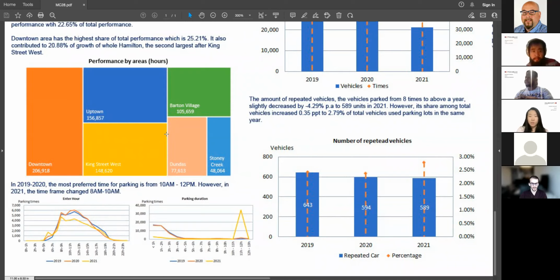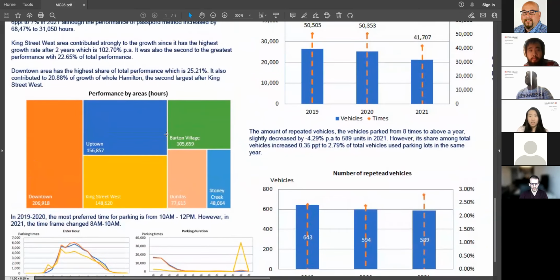First, we can notice that the orange and the yellow parts show the downtown and the King Street West areas take the highest and the second highest share of the total performance of the whole municipal Hamilton parking lots, with downtown Hamilton taking about 25.21%, and the King Street West area contributing 22.65%.